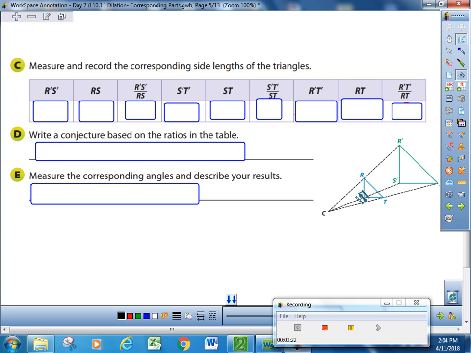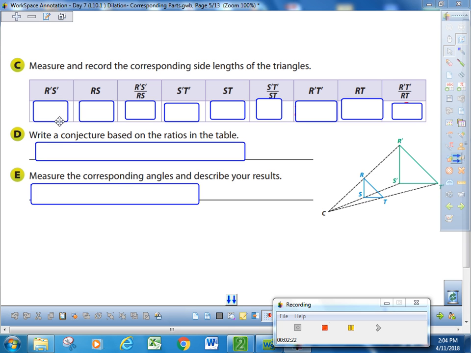I'm going to show you exactly what this kind of looks like. I'm going to prove to you that these are similar figures. If I remember, on the first day when we had our note sheet, we were measuring the sides and measuring angles, and we were showing that the corresponding angles were the same.